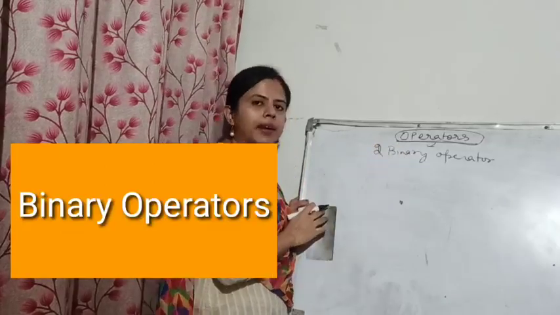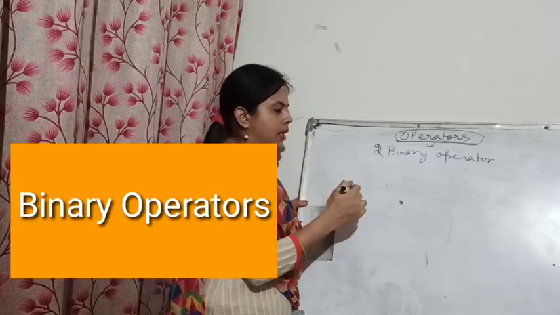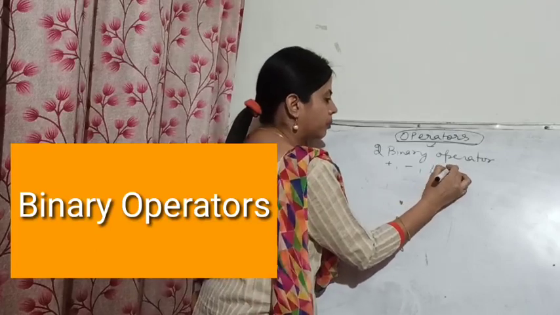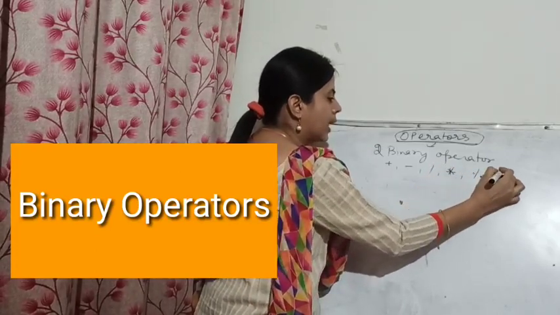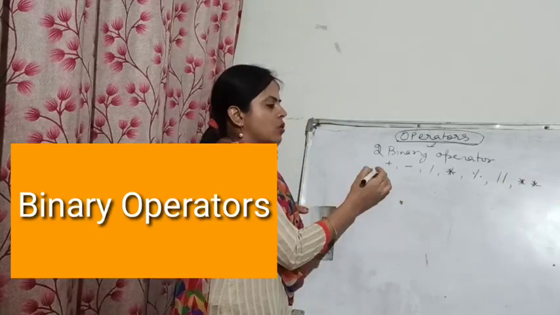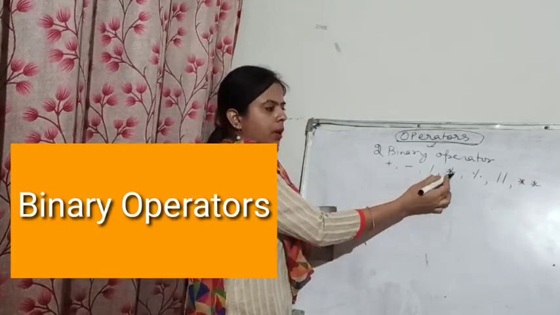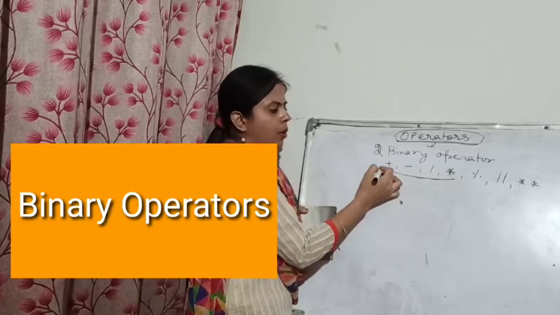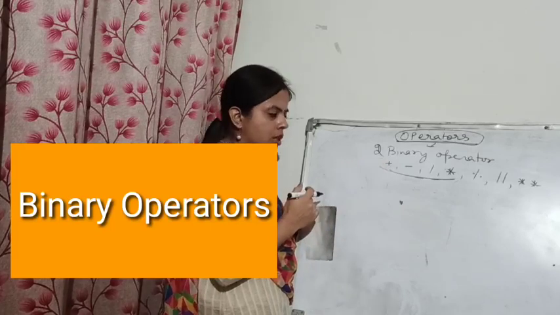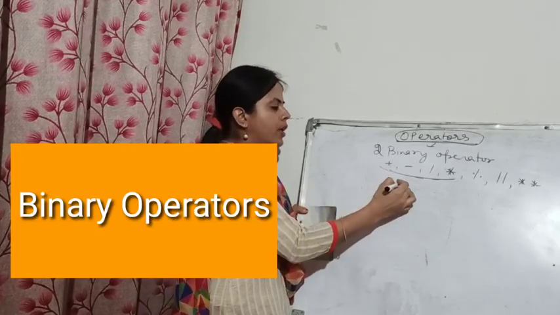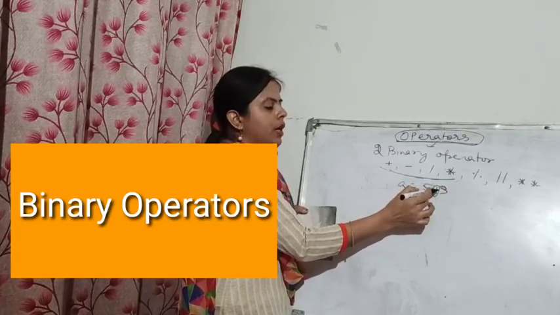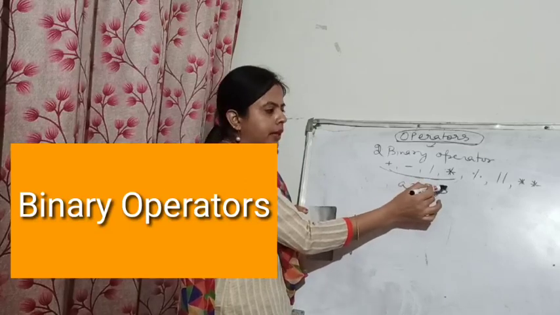The second one is the binary operator, which works on two operands. The sign can be plus, minus, divide, multiplication, modulus, floor division and exponent. The plus, minus, divide and multiply operators we have already discussed, and we all know how they perform instructions in the computer. For example, if I have written a is equal to 5 plus 3, this is a binary operator because it works on two operands here, 5 and 3.